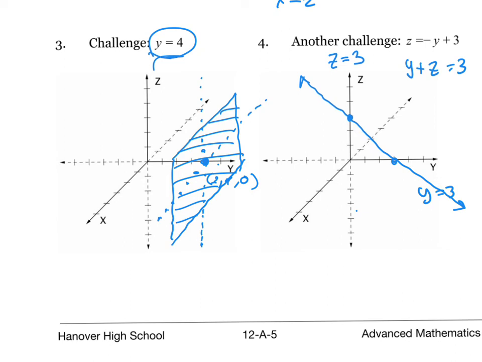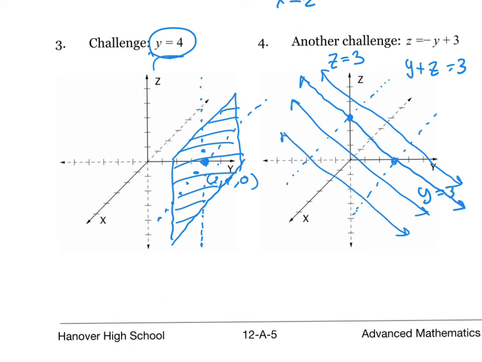So we could imagine continuing these points in a direction that's parallel to the x-axis, and we actually get a family of these lines all parallel to each other, all the same distance away from the x-axis. They'd all have the same relationship with the x-axis.